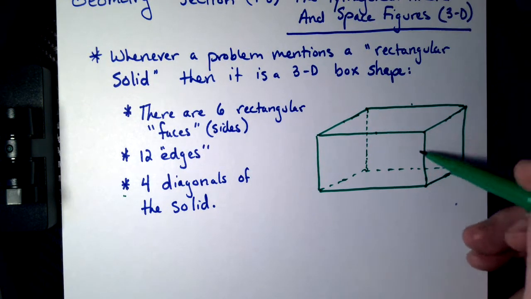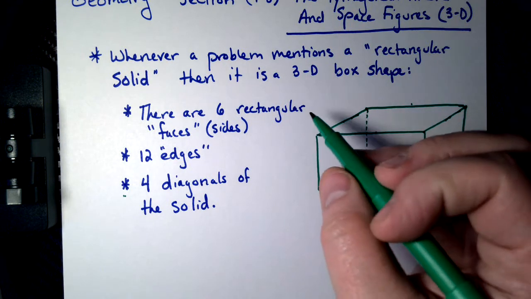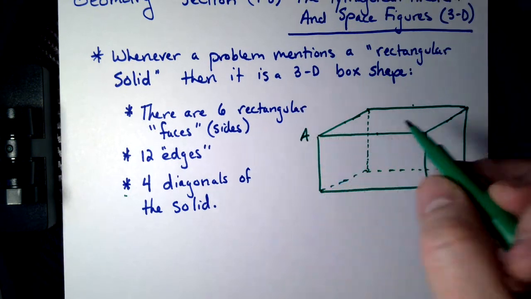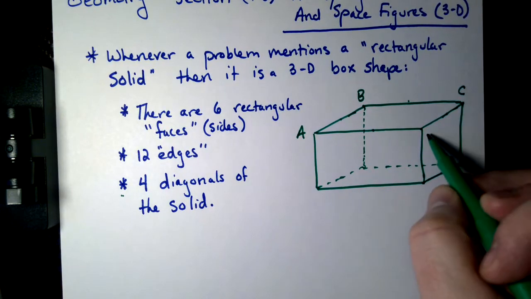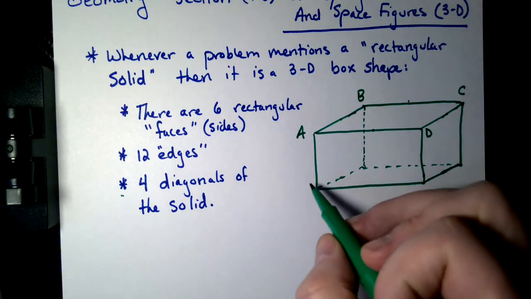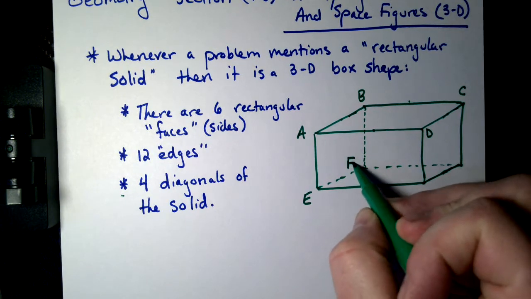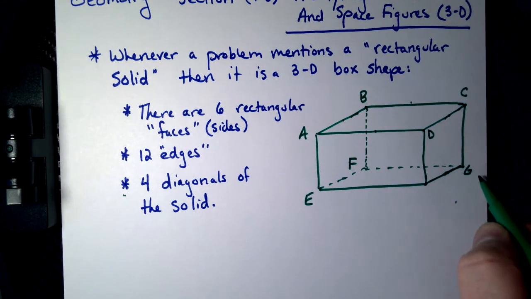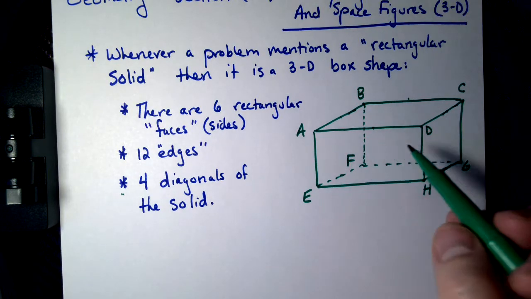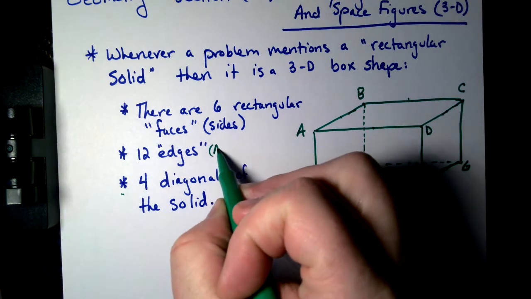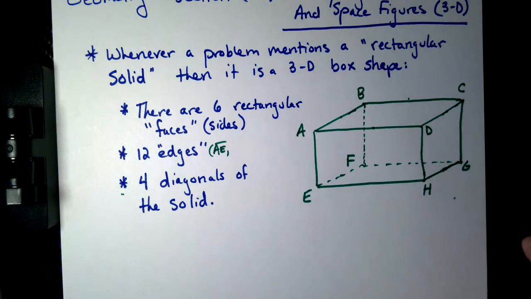Every corner should be labeled with the capital letters. So I'm going to go alphabetical. A, you got to put them in the same spots. A, B, C, D, and then go E, F, G, and H. So when they say edges, some of the edges on here would be like AE is an edge, that segment.